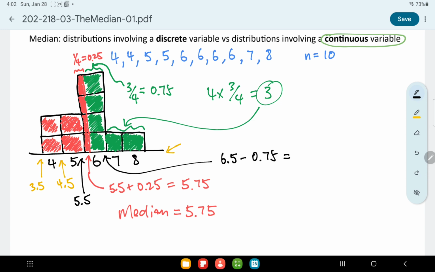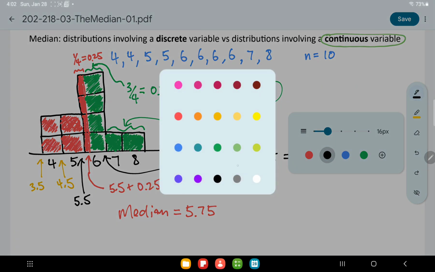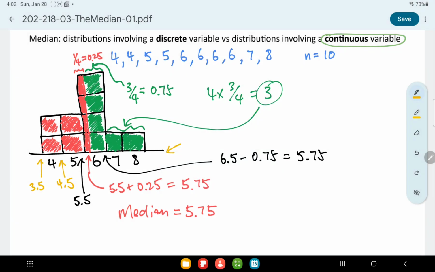We would obtain the answer 5.75, which is essentially the same number. Do you see? Okay.